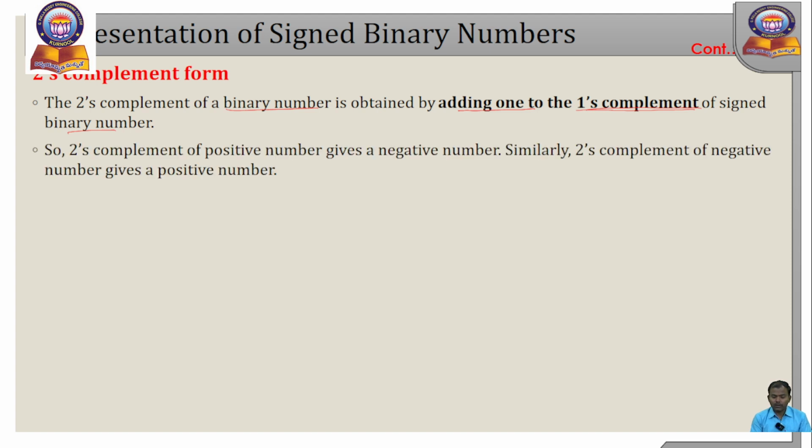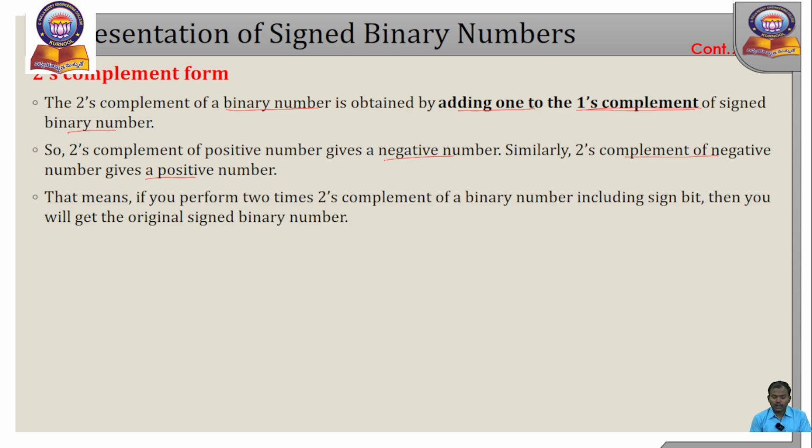The twos complement of a positive number gives a negative number, and the twos complement of a negative number gives a positive number. We include the sign bit during the conversion. That means if you perform twos complement two times including the sign bit, you will get the original signed binary number.